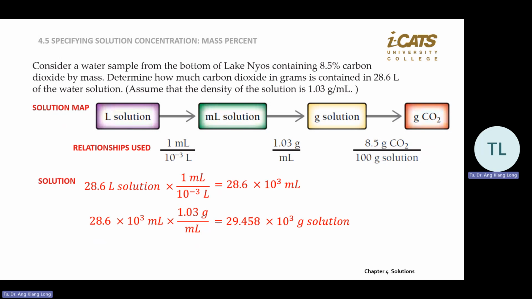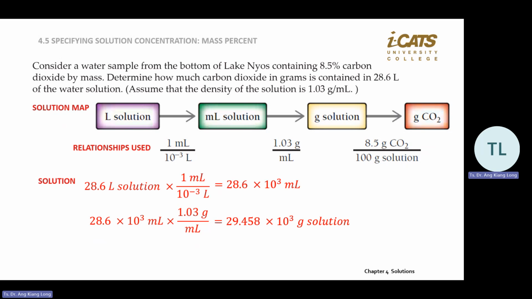So to find X gram of H2O or water, equal to 28.6 liter multiplied by the rho, because this is the volume. So you multiply by 1.03 times 10 power 3 gram over liter, I changed milliliter into liter.